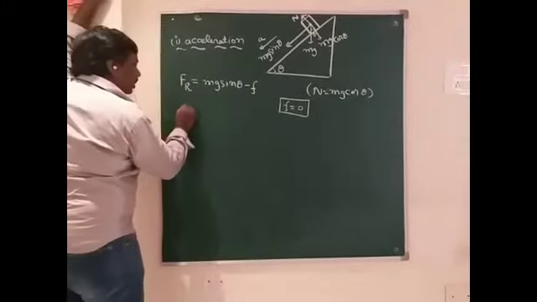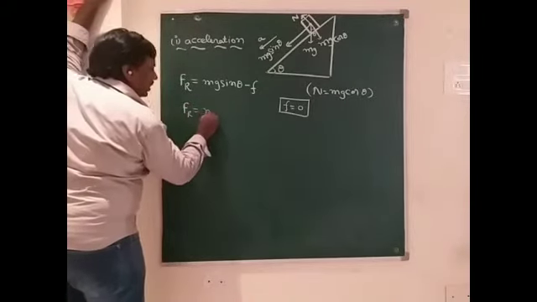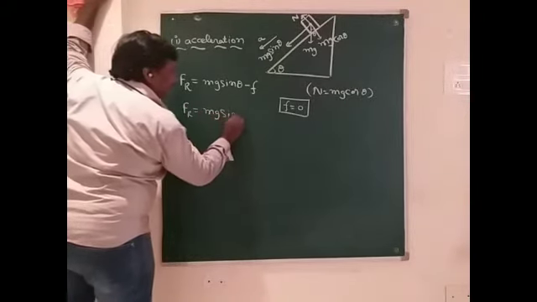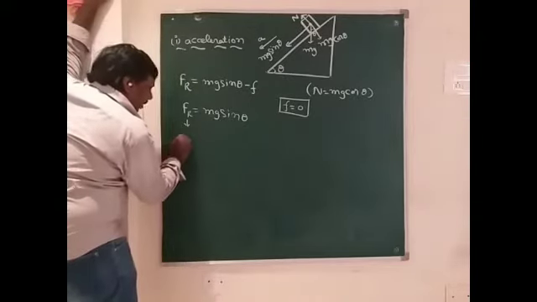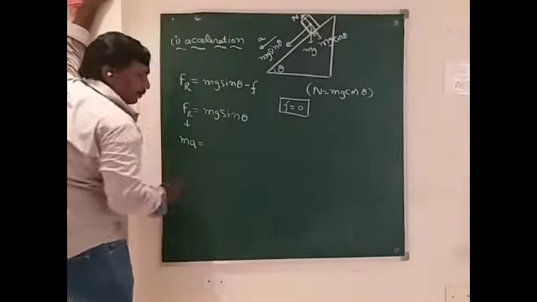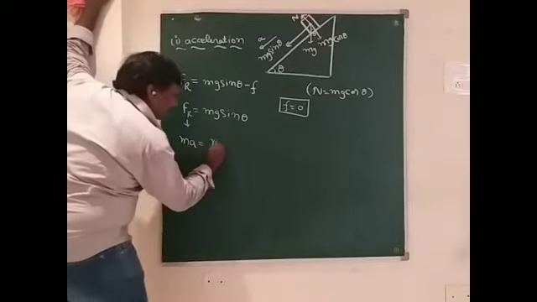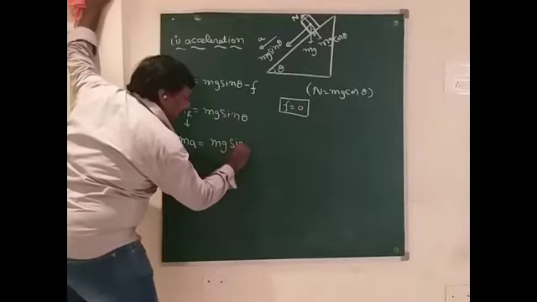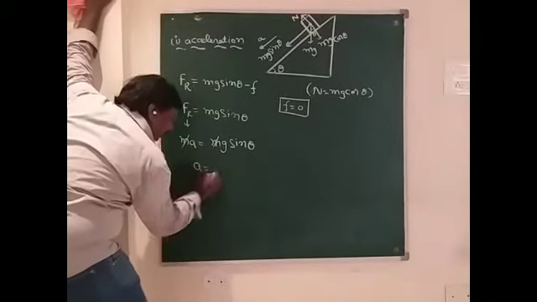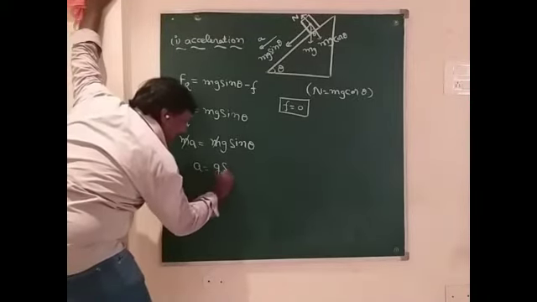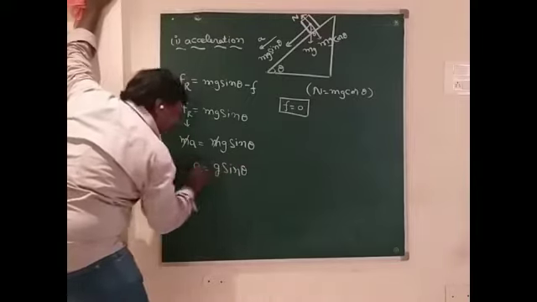Therefore Fr equals mg sin theta. According to Newton's second law, Fr equals ma. So mg sin theta equals ma; here m cancels, so the acceleration of the body is g sin theta.